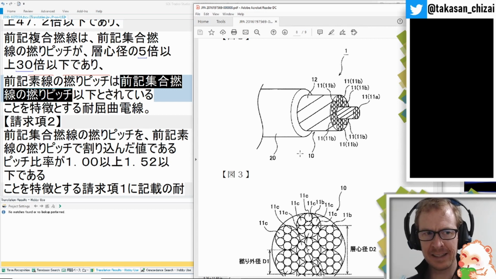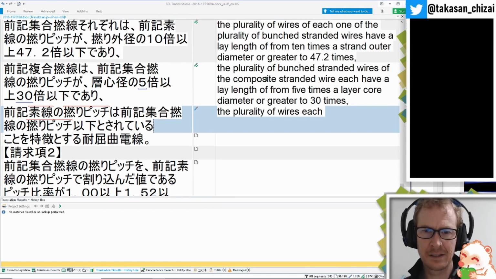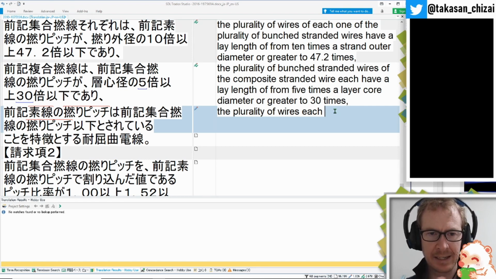The twisting together gives them that pitch, that lay length. So saying each is actually a mistake. Each wire does get twisted and does have that lay length, but it's only twisted because it is that plurality.